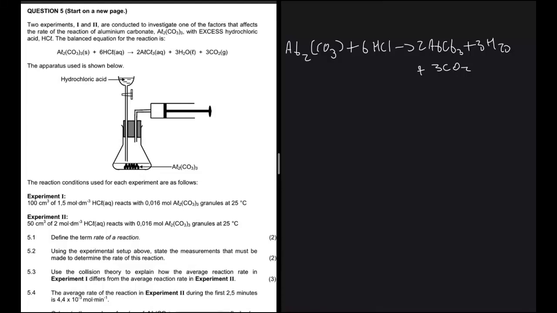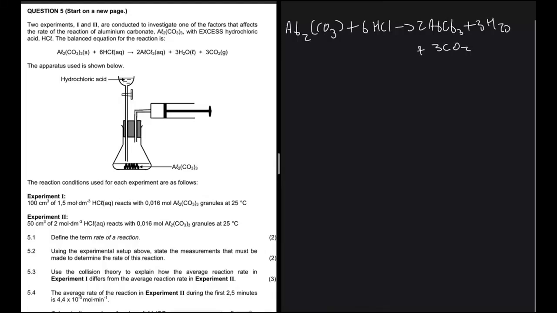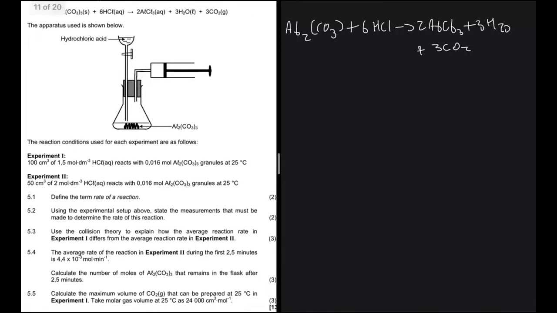So one of the products here is a gas, right? So that means that all the gas that will be released as the reaction is taking place is going to end up in the syringe. The syringe will be sucking out the gas, right? So we're given some information for experiment 1 and then some information for experiment 2. And then the first question says 5.1, define the term rate of a reaction.